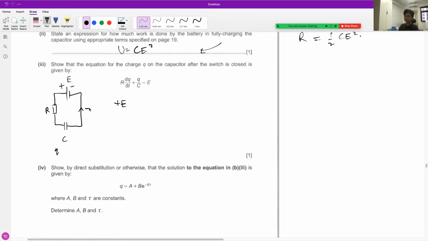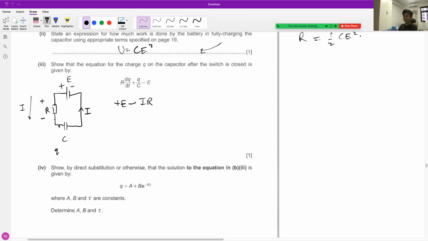So when current flows like this, your resistor is going to have a positive on the upper end and a negative on the lower end, because current is flowing downwards. So when you go anti-clockwise, jumping from the high potential to the low potential, keeping track of the potential changes, it's going to be minus IR. That's just Ohm's law.